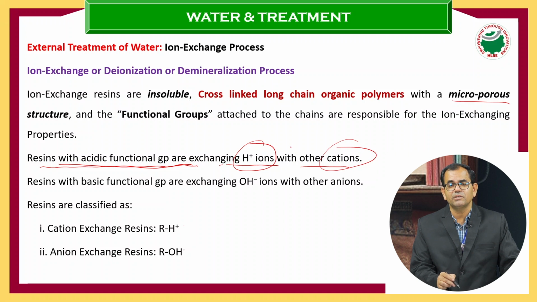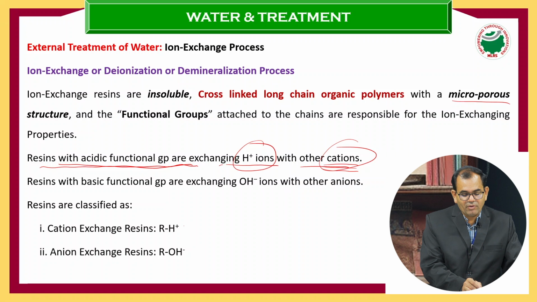That means exchange between the cation resin and the cation of the salt. Whatever positive ion is in the filter or resin, that positively charged cation will be exchanged with any other salts which are there in the water.